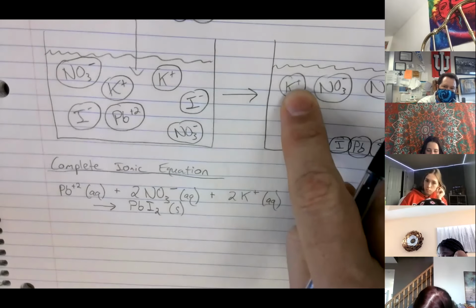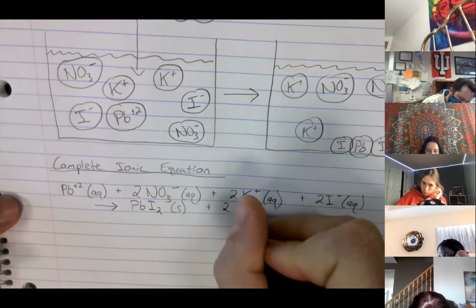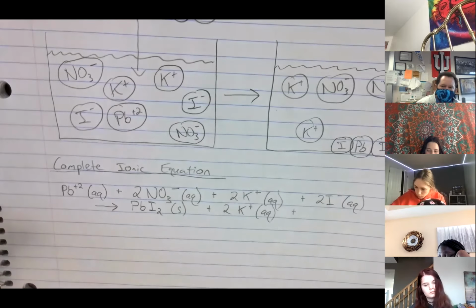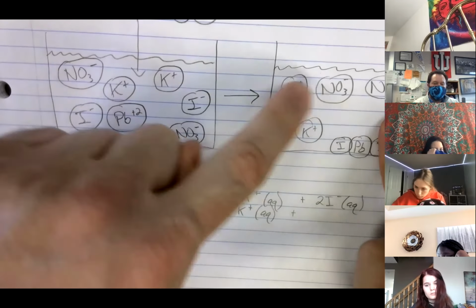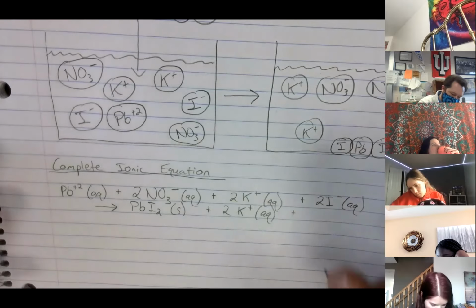On the other hand, I still have 2 potassiums and their ions. And I still have 2 nitrates and their ions.